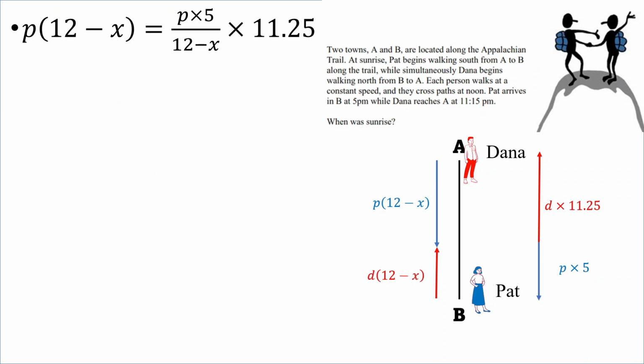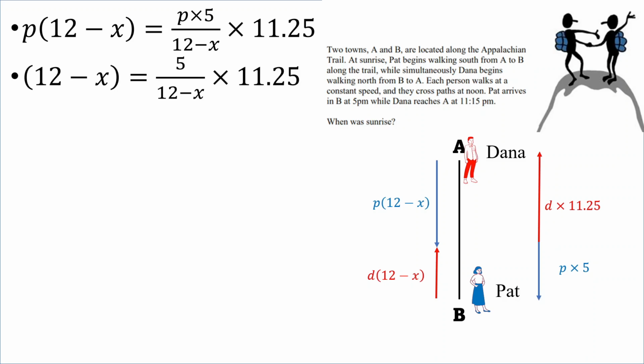Now, luckily for us, although this is one equation with two unknowns still, since we're multiplying by P on both sides, we can cancel those P's and just have 12 minus X is equal to 5 over 12 minus X times 11.25.